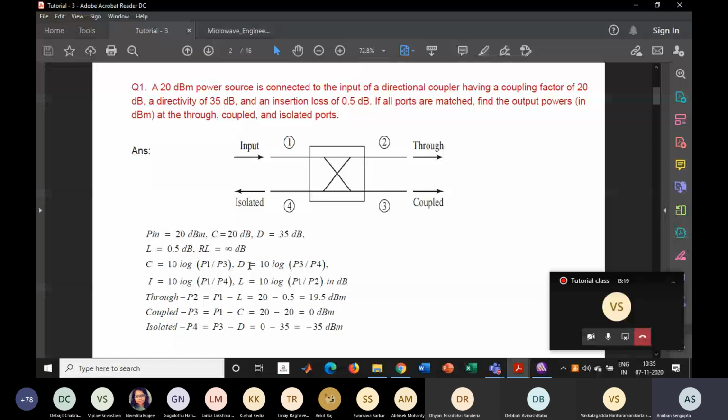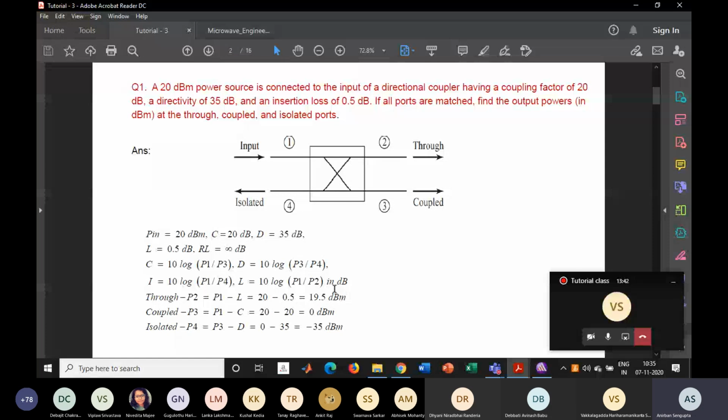P1 is the input port power and P3 is the coupled port power. D is 10 log P3 by P4, the coupled port power over the isolated port power. These are the equations that we normally use to calculate the coupling, insertion loss, isolation, and the directivity.